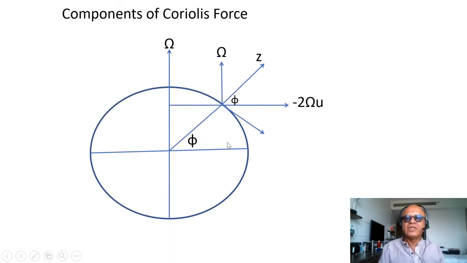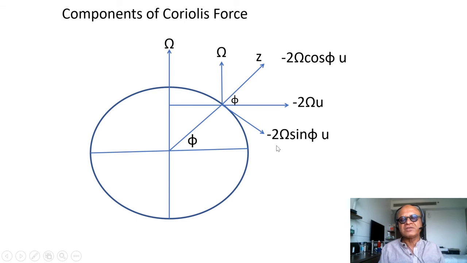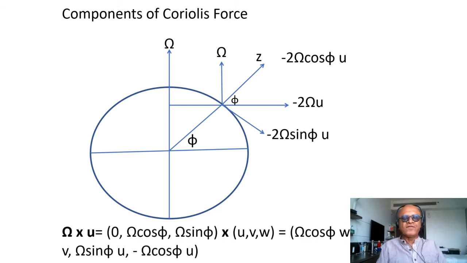Okay, so there is minus 2 omega cross u, and you will end up with minus 2 omega cosine phi u, which is in the direction of gravity, and we ignore it. Remember, u here is a vector, and this is minus 2 omega sine phi, which is the horizontal component of the Coriolis effect.